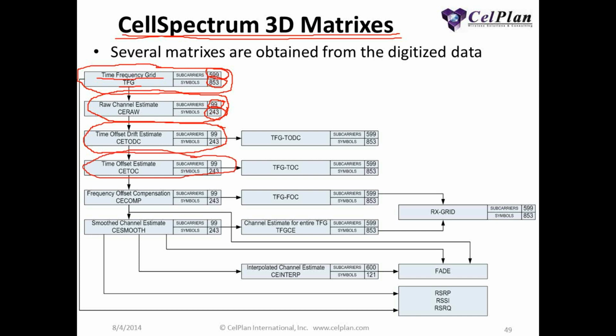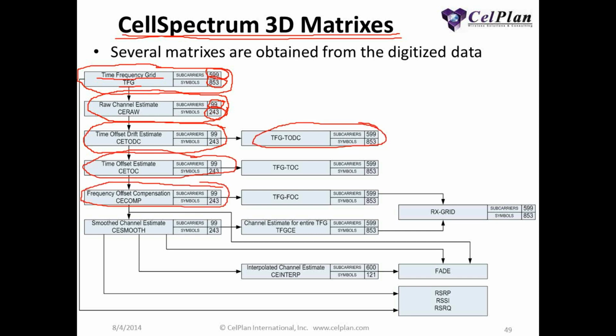And finally, then we have an adjusted channel estimation. So now we know how the channel is behaving at that moment, at that location. What we do then is that for each one of those, we generate a time frequency grid.